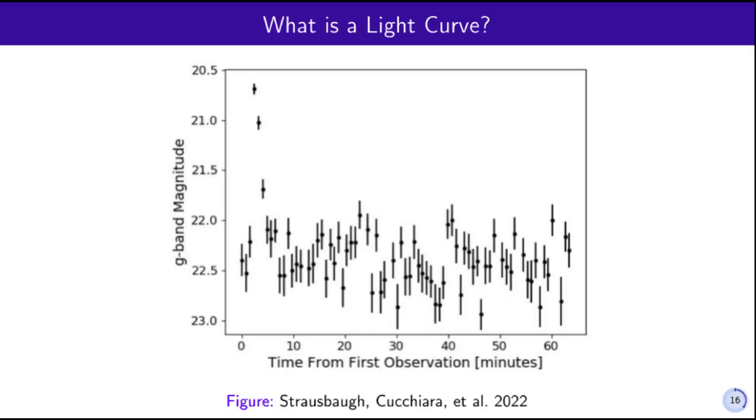Another technique that we can use is systematically monitoring the brightness of stars. So this is a flaring star, and you can see it increases its magnitude by about 2 over the span of just a few minutes.